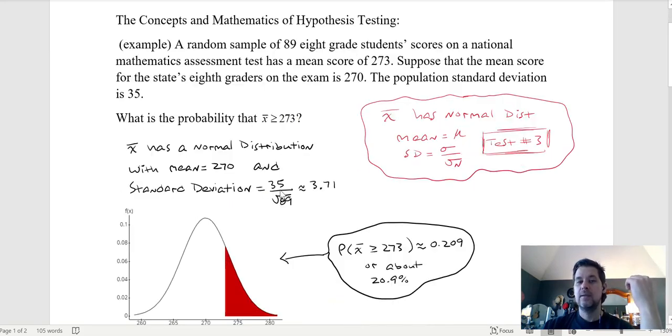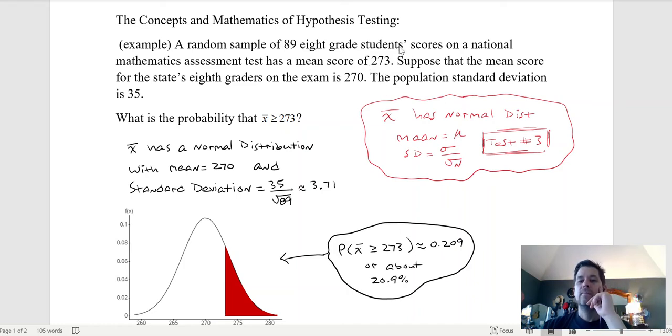So just to start, let's think of this situation right here. Say we take a random sample, and remember, when we take a sample, it's got to be random. You can't pick and choose what you want, all right? So we take a random sample of 89 eighth grade students' scores on a national mathematics assessment test, and there's a mean score of 273.